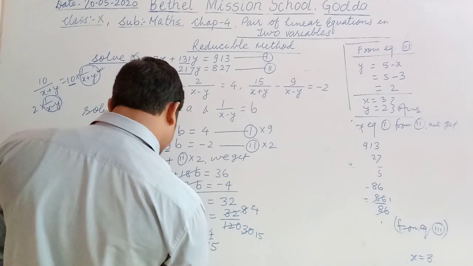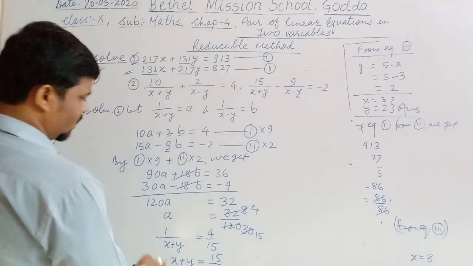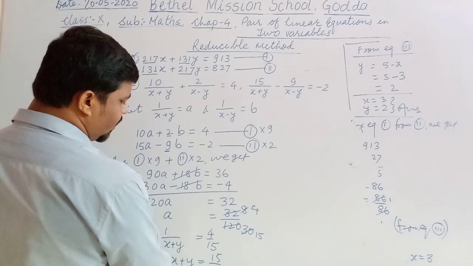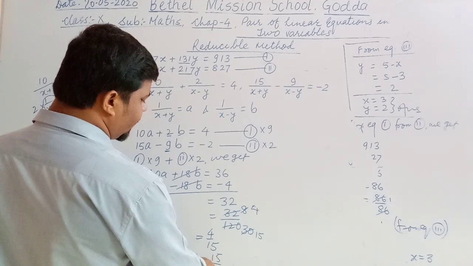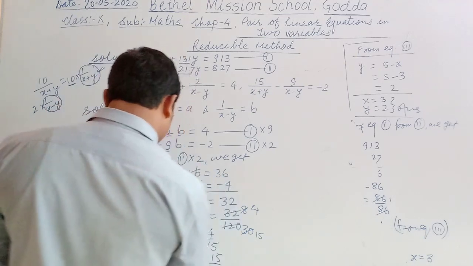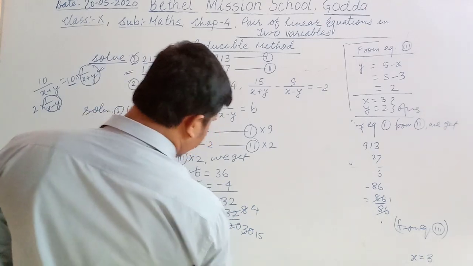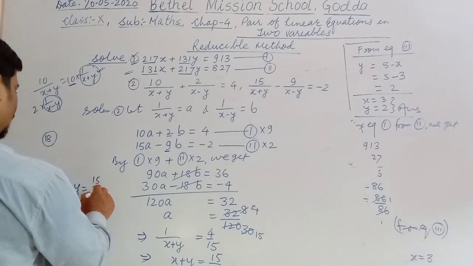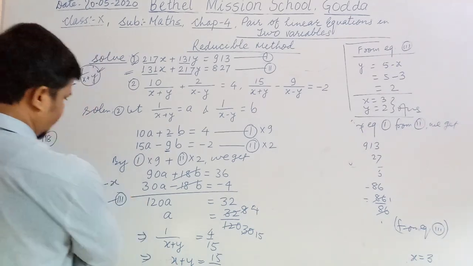Therefore x plus y equal to 15 upon 4. I have written the reciprocal of this: 1 upon x plus y will be x plus y upon 1, so 1 goes downside and this will be 15 upon 4. X plus y equal to 15 upon 4. Therefore y equal to 15 upon 4 minus x, and we can call this equation number 3.